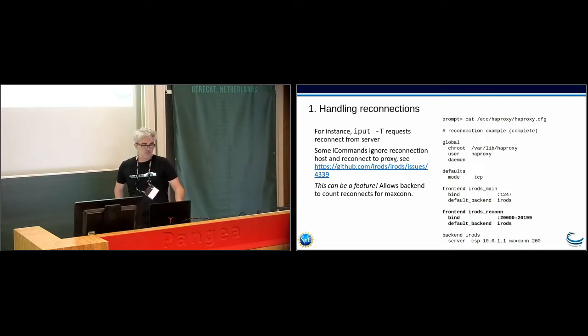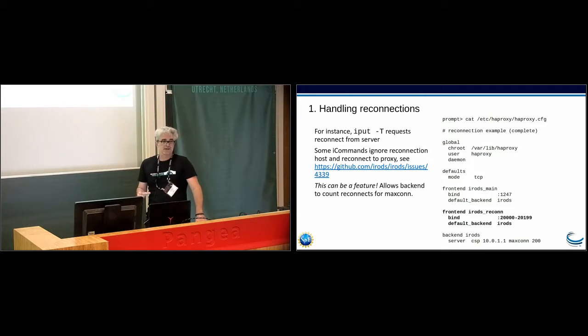Now back to the real purpose of this, handling reconnections. In the other examples, they talked about proxying. They never talked about reconnections, and I didn't know this, but when an I command requests a reconnection, like the iput -t option does, the reconnection information comes from the server back to the client saying, here's the host to connect to, here's the port to connect on, usually in the 20,000 series ports.